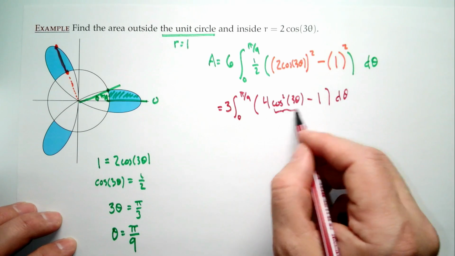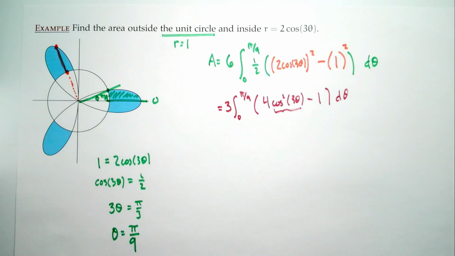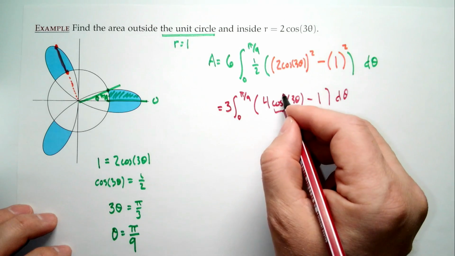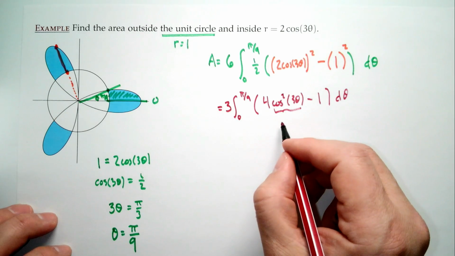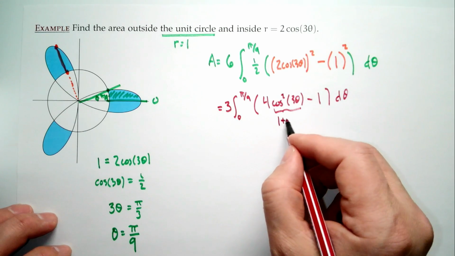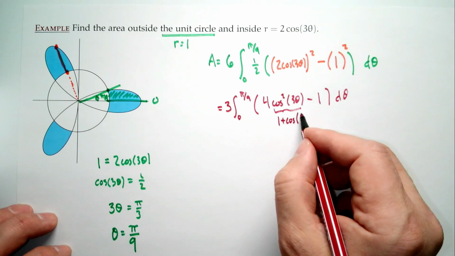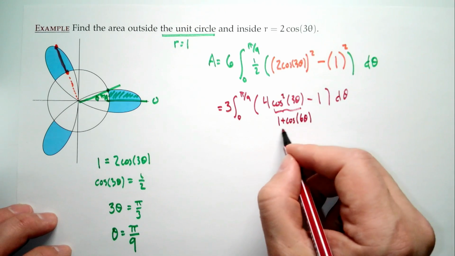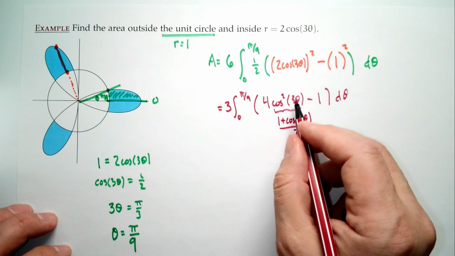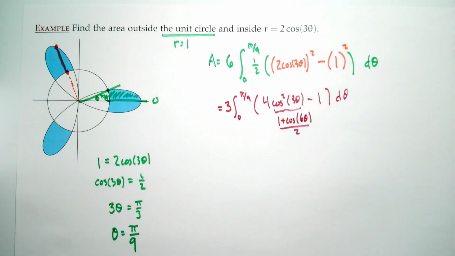Well, cosine squared of 3 theta, what would that become? 1 plus cosine 6 theta, over 2. Yeah, be careful. You just need to double the angle inside. So in this case, our angle on the inside is 3 theta. So doubling 3 theta gives us 6 theta.